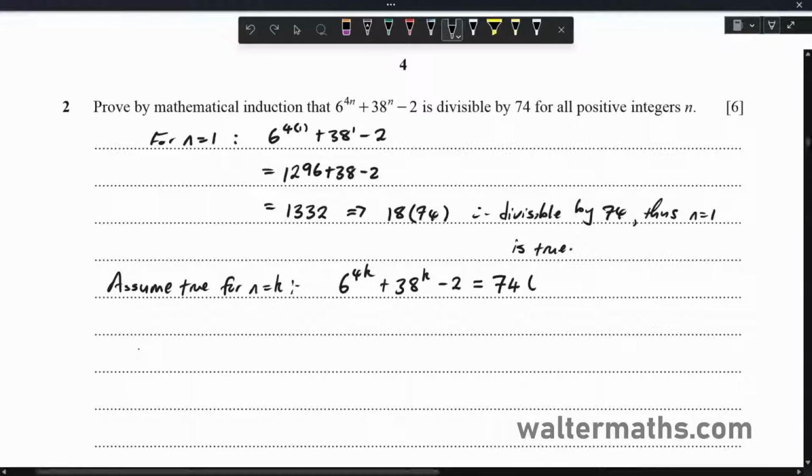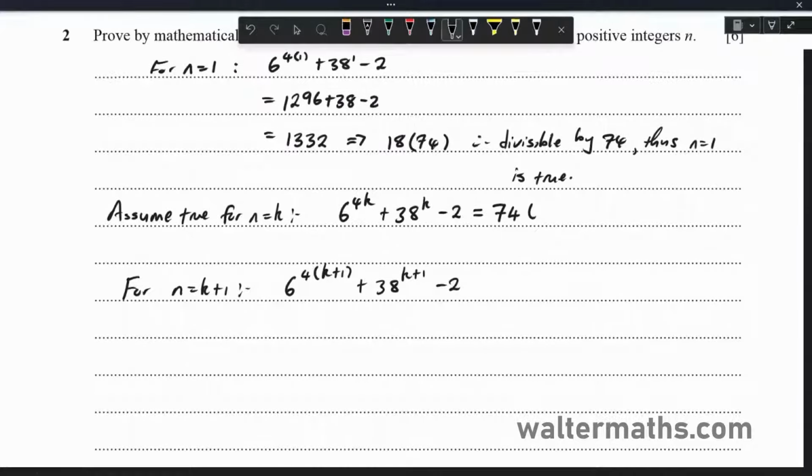Next, we're going to prove for n equals k plus 1. So we'll be having 6 to the 4 of k plus 1 plus 38 to the k plus 1 minus 2. So that's 6 to the 4k of 6 to the 4 plus 38 to the k of 38 to the 1 minus 2.